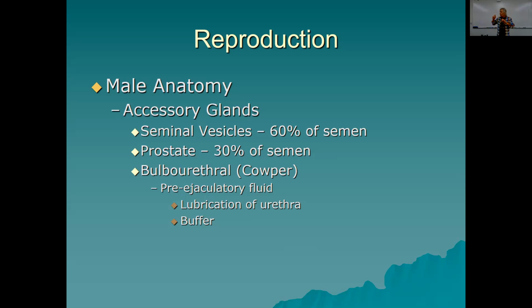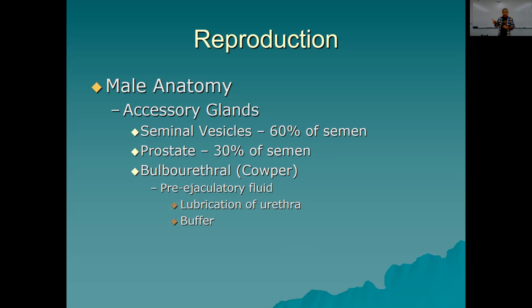And it also buffers the urethra. Remember, in the male, the urethra, at least the spongy urethra, does double duty. What was the last liquid to pass through this urethra? Urine, which is usually acidic, right? And the sperm don't like acid. So there's a buffer in the bulbourethral fluid that will neutralize acid.